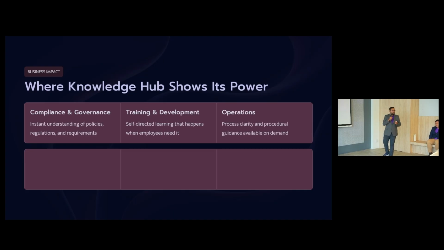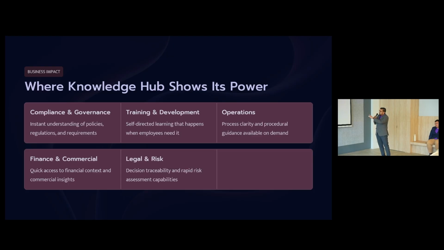Operations, so SOPs. Any SOPs and manuals that you have, you can also upload here. It could be retail manuals, like the example that I just showed, that is also an SOP. What do you do one step at a time? You could do that. Financial commercials, and also legal and risk. They are closely related. You can do stuff like uploading contracts, agreements, NDAs.